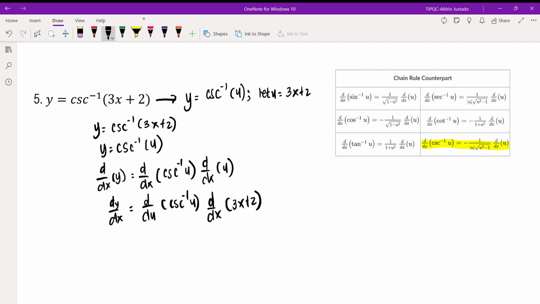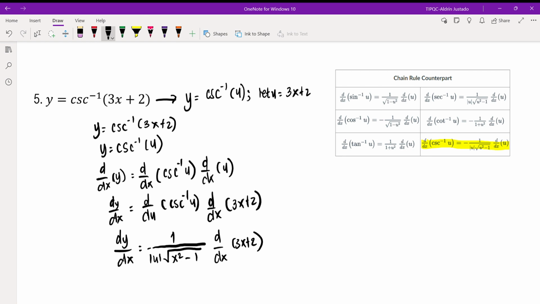So, let's simplify. dy over dx is equal to negative 1 divided by absolute value of u times the square root of u squared minus 1 times the derivative of 3x plus 2.